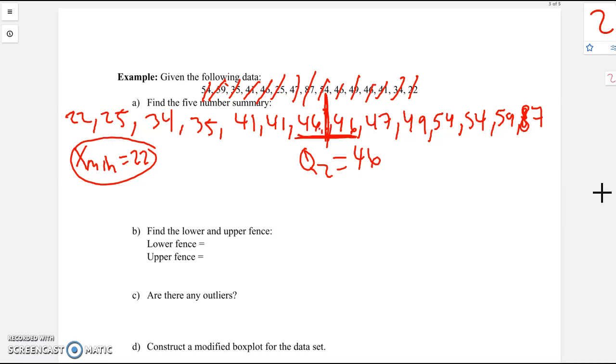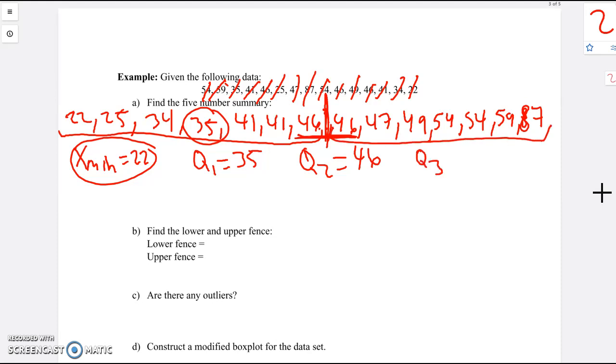After that, we take these numbers and figure out what Q1 is. It's 35. For Q3, I'm going to take these numbers and figure out the middle number, which in this case is 54. Sorry, these look so big.